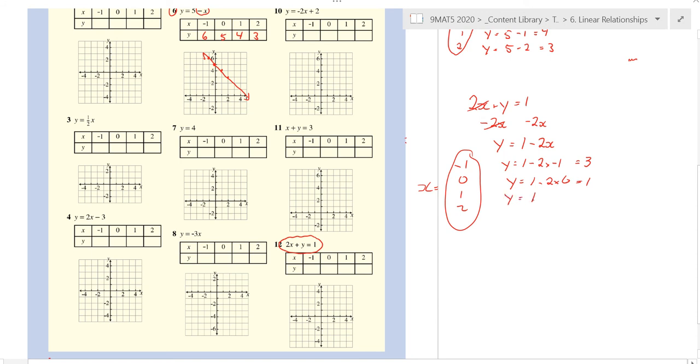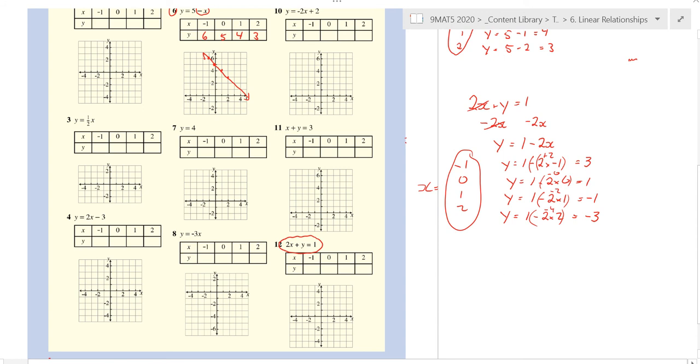Y equals 1 minus 2 times 1 equals minus 1. And y equals 1 minus 2 times 2 equals minus 3. Again, if we're looking in these brackets, that thing there was plus 2, this thing here was minus 0, this thing here was minus 2, and this thing here was minus 4.